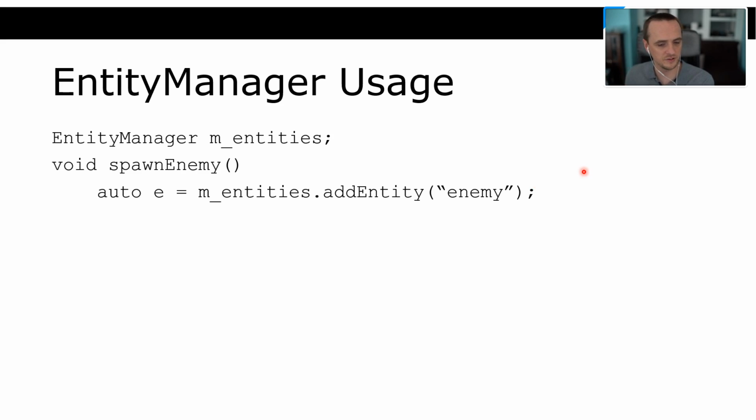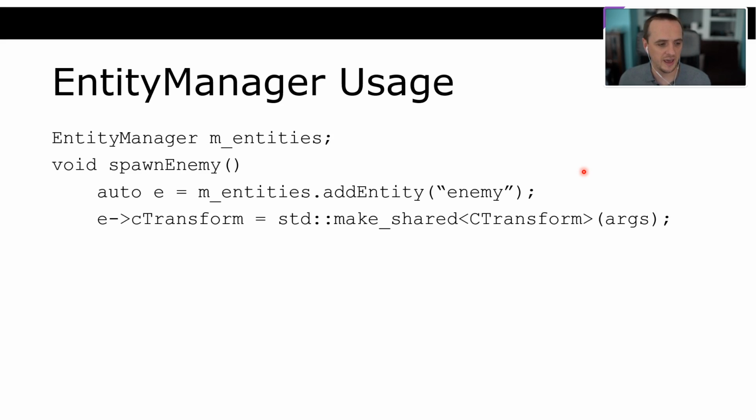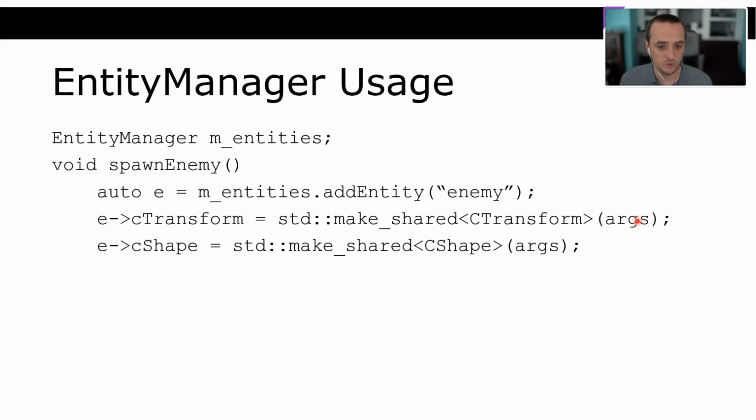And so what happens is the entity manager creates the object, puts it in the correct spot, and then returns a shared pointer to it. Then we can add the components that we need to this entity in order to make it work properly. So we immediately add, let's say this is a shared pointer, so we need the arrow syntax, the CTransform component: we say std::make_shared<CTransform> with the args. Maybe we want to give it a shape, right? So that's how we add an entity if we want to spawn an enemy.